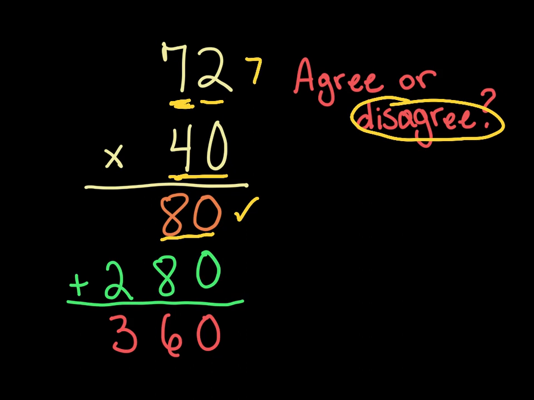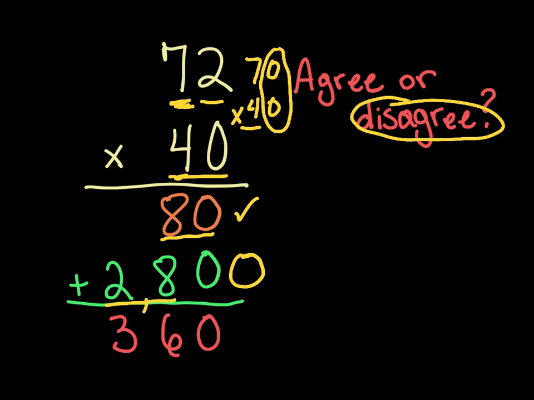And 70 times 40, yeah, 7 times 4 is 28. But it's hundreds, not tens. So we needed to add on an extra 100 here. So it would be 2,800.